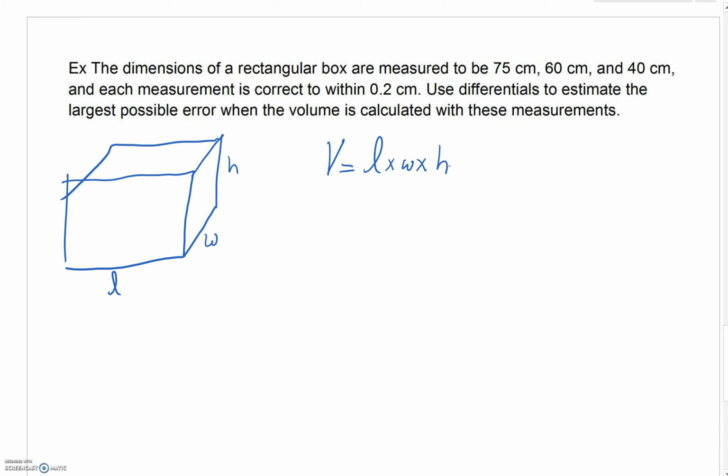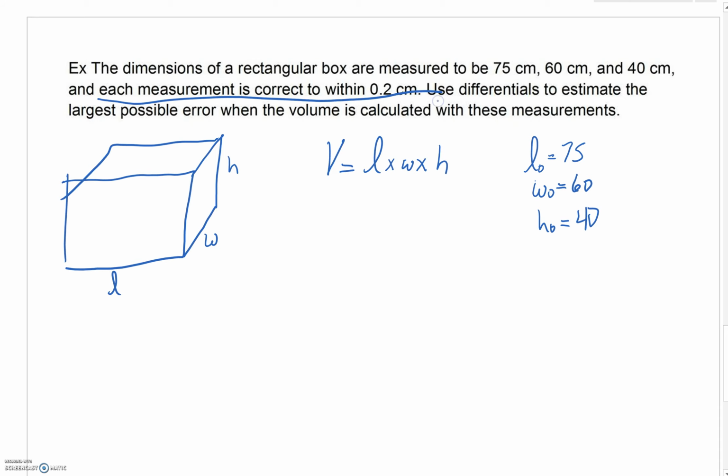So volume is a function of those three variables. And our beginning length would be 75, our beginning width would be 60, and our beginning height would be 40. All of these dimensions, of course, are in centimeters.